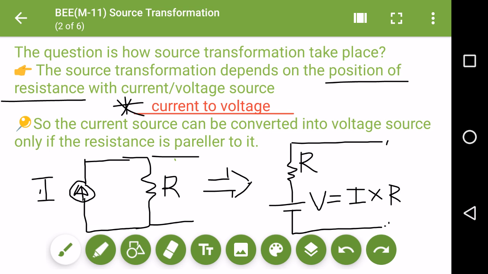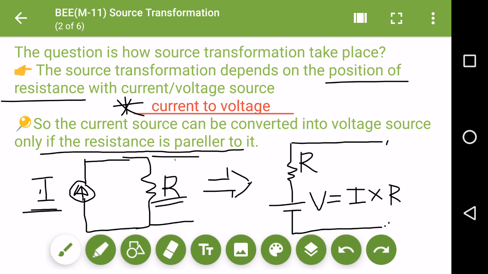The current source can be converted into a voltage source only if the resistance is in parallel to it. In the circuit, the current source is here and the resistance is here, and these two are parallel to each other.